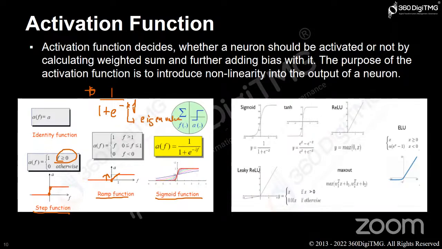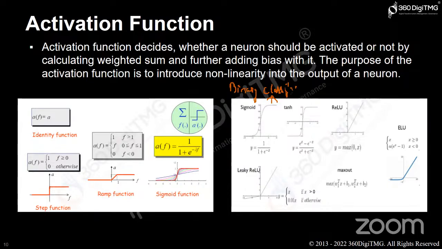All right. So you have different types of activation functions in neural networks. You have the sigmoid function. These are usually used in binary classification. These range between 0 and 1, and they are used mostly in binary classification.